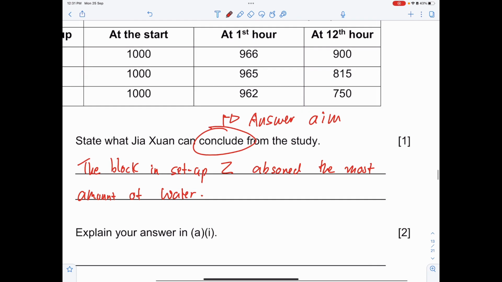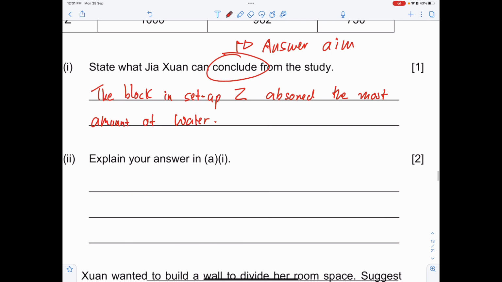Next, explain your answer in A. So this is a little bit like a CER kind of question. You have to show your claim, which is actually Z already, the block in Z. So you're actually left with E and R. What is your evidence and what is your reason?